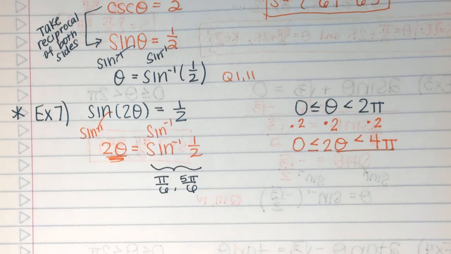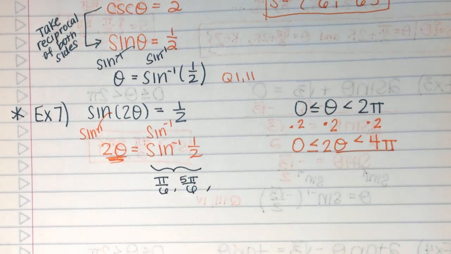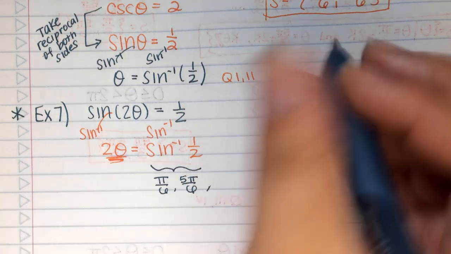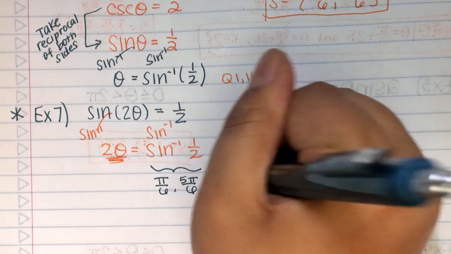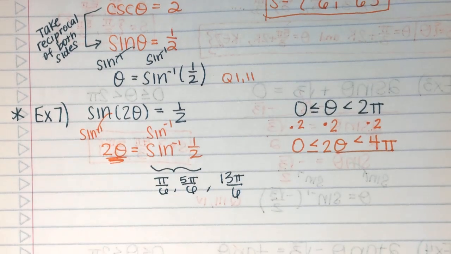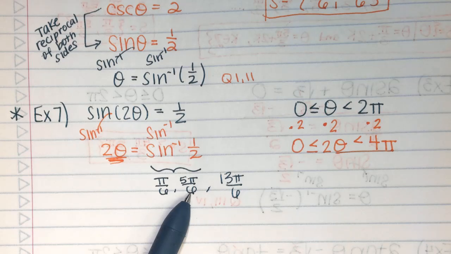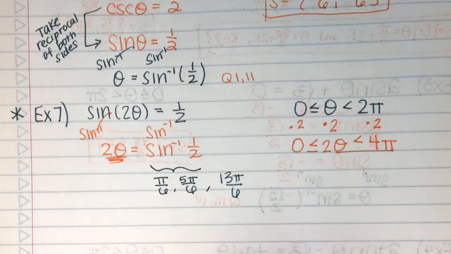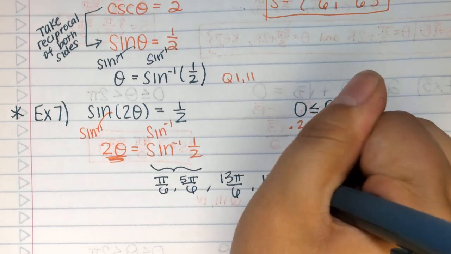What else is an answer? It's going to go around the circle once and again. So what am I going to find the second time around the circle? No. How are you getting 13 pi over 6? You add 2 pi. What's this? 17 pi over 6.